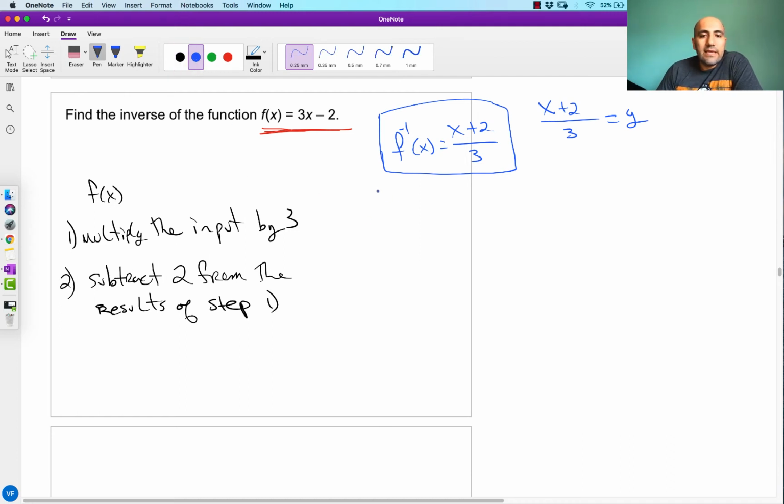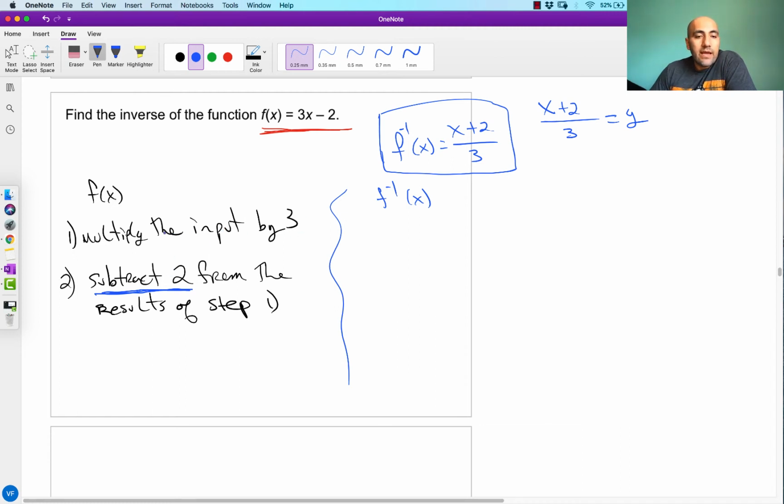And now the inverse function, well, paying attention to the definition of it, right? The inverse function is going to be a function that will undo this process. So the reverse of subtracting 2 is going to be to add 2. And the reverse of multiplying by 3 is going to be to divide by 3.